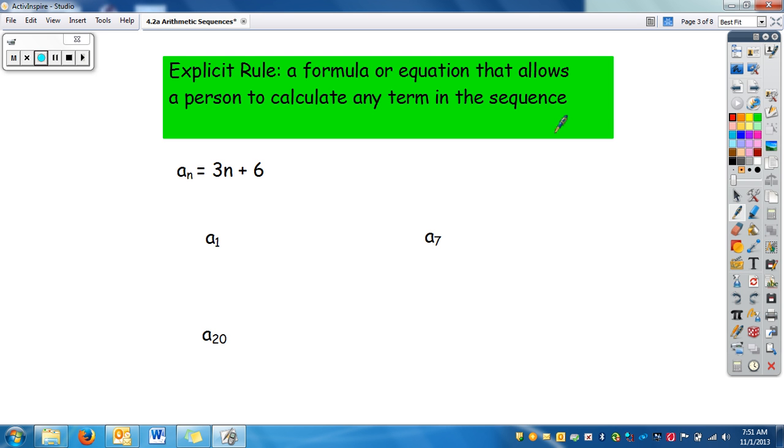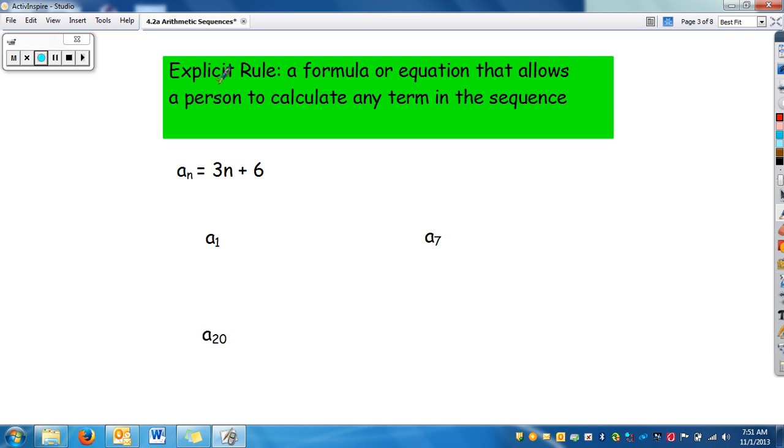So I said there are two rules to write all sequences. The first one is the explicit rule. This is a formula or equation that allows a person to calculate any term in the sequence. So this is an example of the explicit rule. Remember, a sub n means what term you want. n is the number, and then 6.